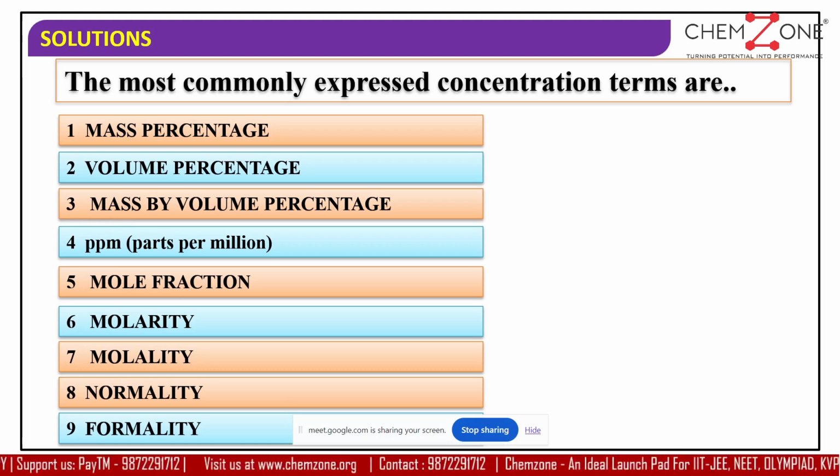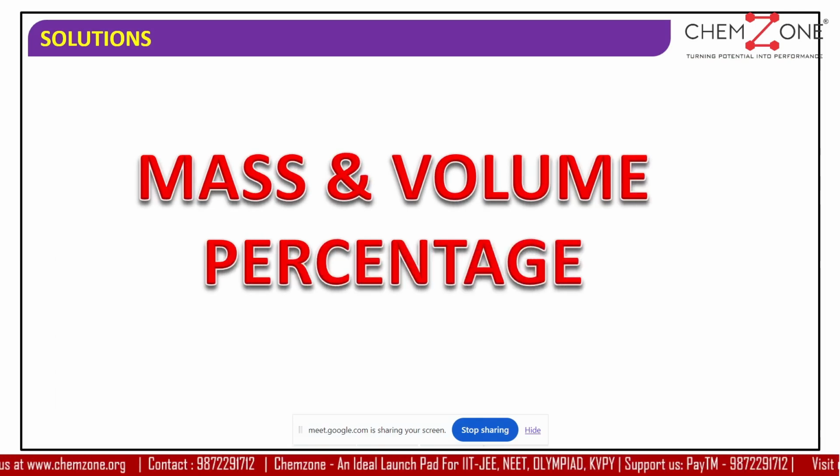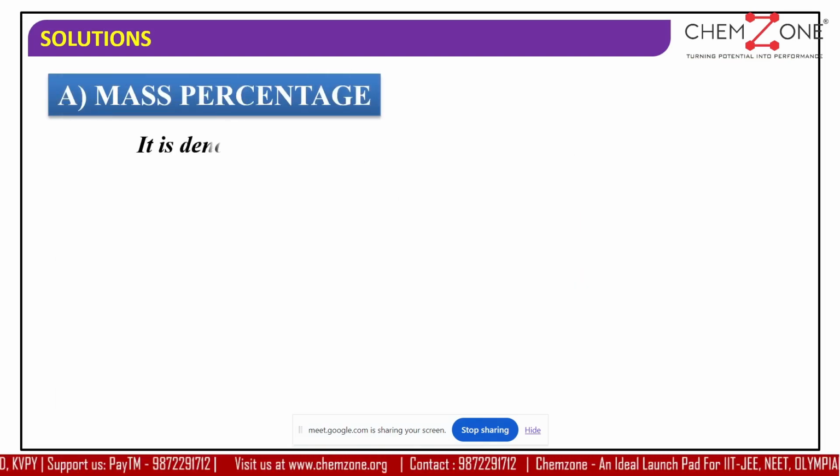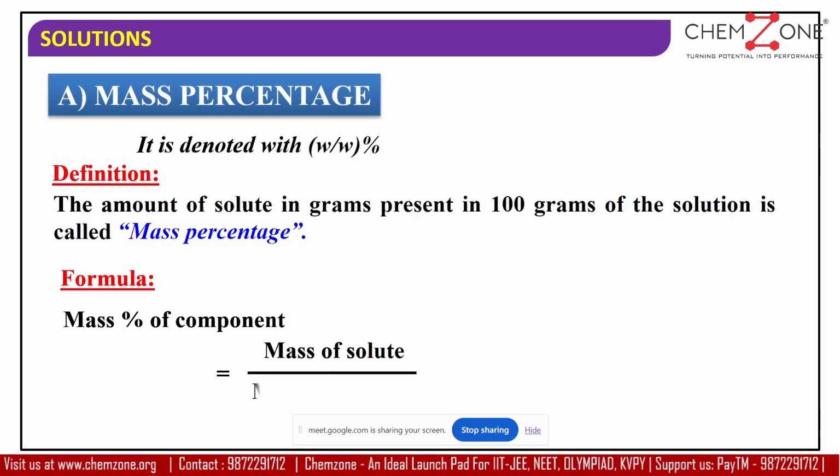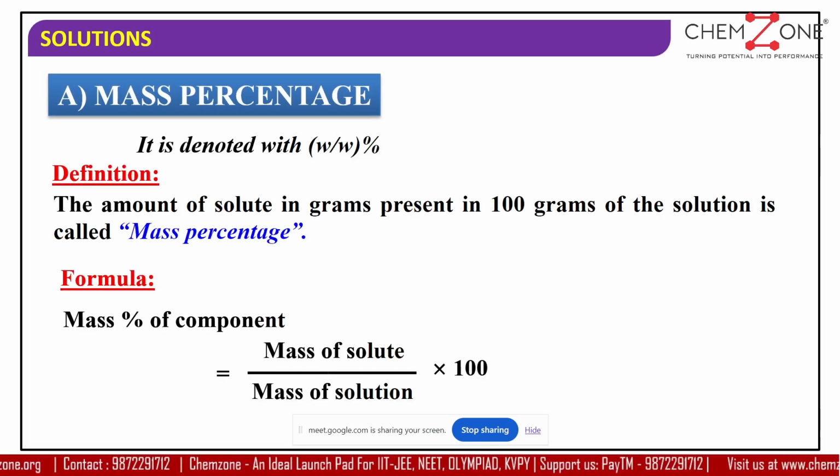Noted, so. Now, next write down mass and volume percentage. Mass and volume percentage. Mass of one component to the total mass multiplied by 100 is the mass percentage. Okay, sir.